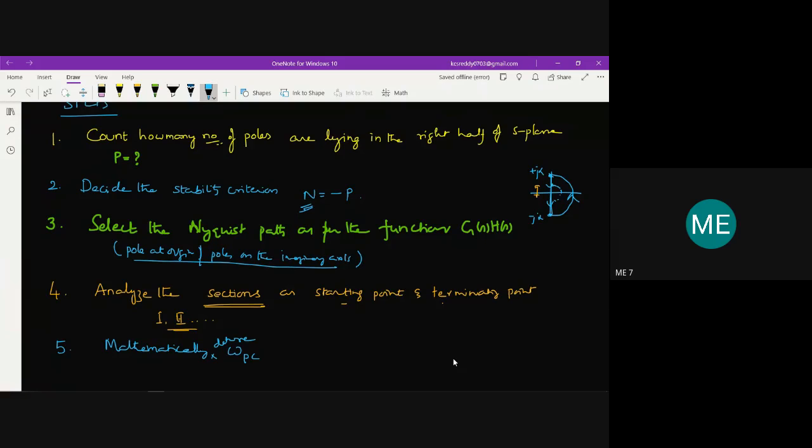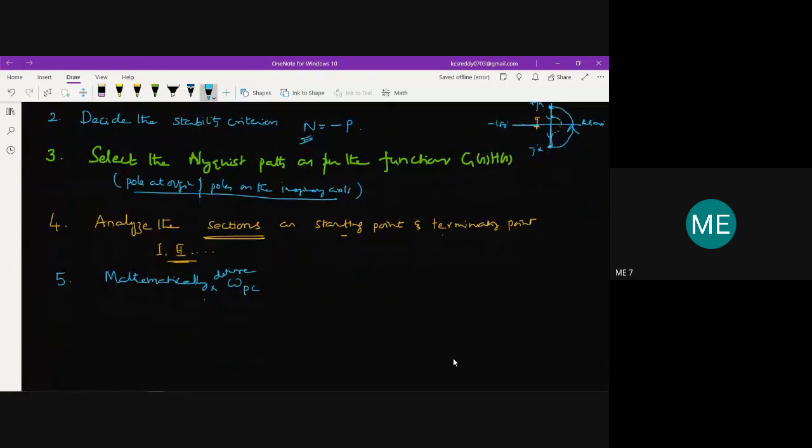That is the fifth step. We can do rationalizing and take the imaginary part, because on the real axis the imaginary part will become 0. So we can take the omega PC which crosses the minus 180 degree line. This is the minus 180 degree line, the real axis line. So on the real axis line the imaginary part is 0. So equate the imaginary part to 0 and then find out the omega PC.